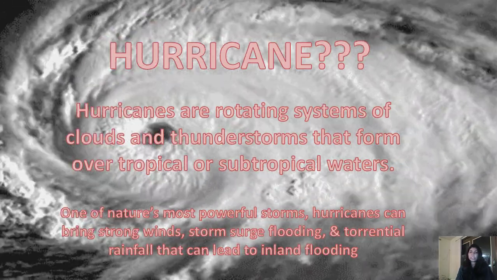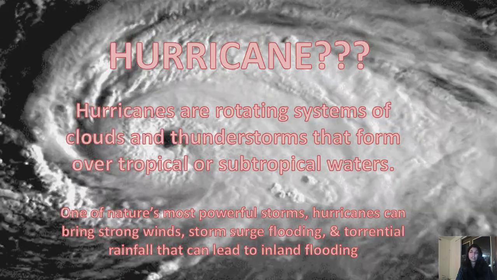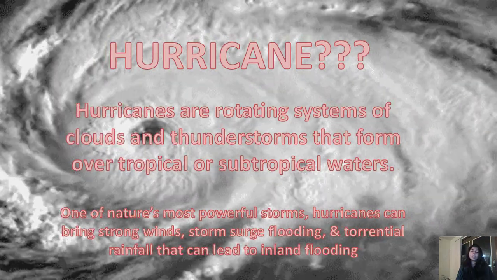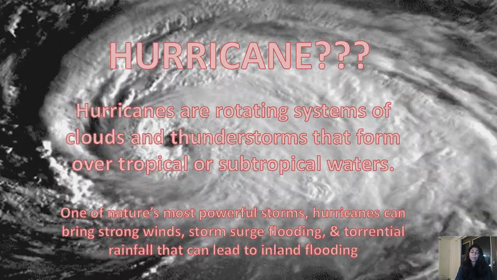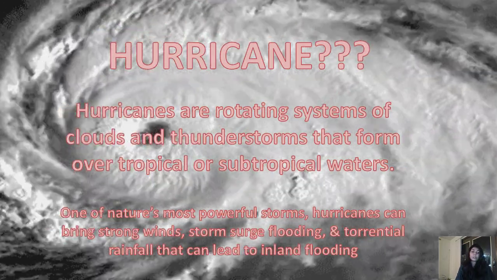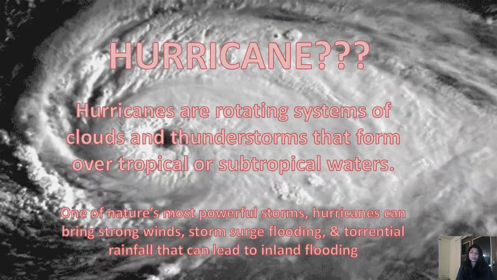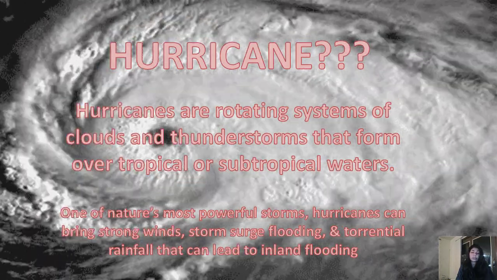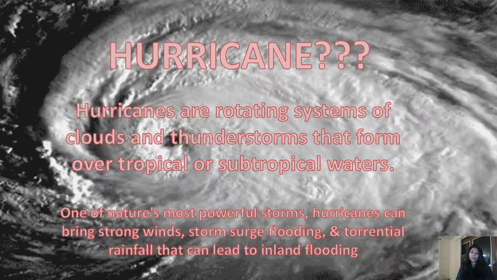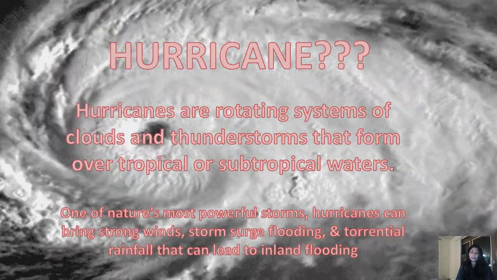Hurricanes are rotating systems of clouds and thunderstorms that form over tropical or subtropical waters. Hurricanes are one of nature's most powerful storms, and they can bring strong winds, storm surge, flooding, and torrential rainfall that can lead to inland flooding.